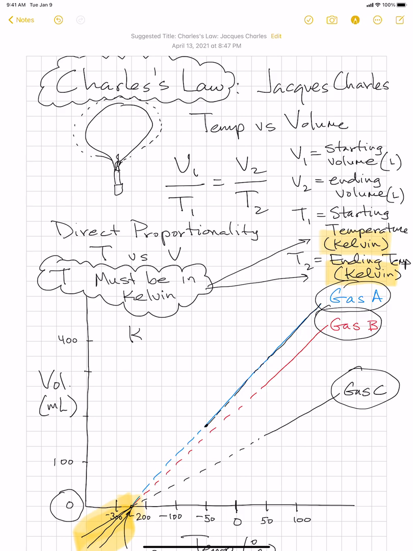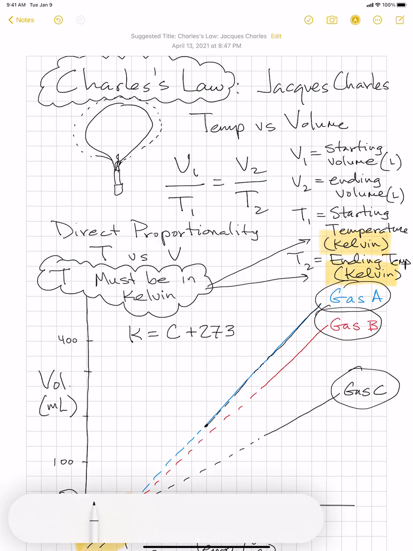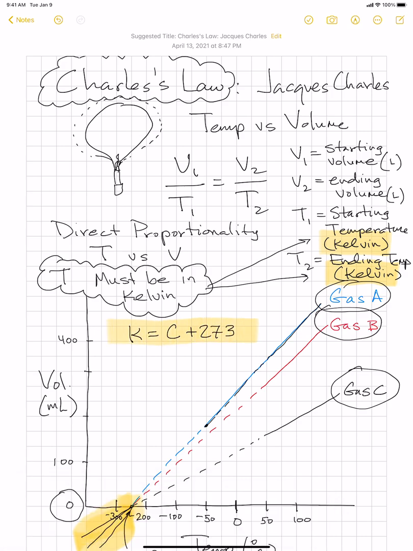Kelvin is equal to Celsius plus 273. So if you're ever given a temperature value in Celsius, you need to convert it to Kelvin using the formula that I just gave you.